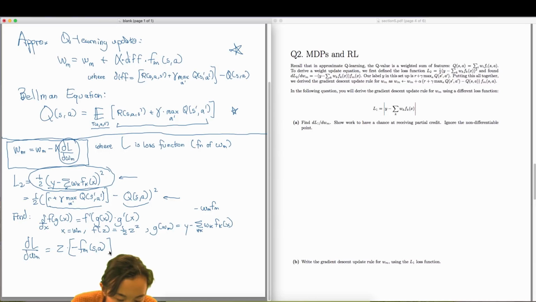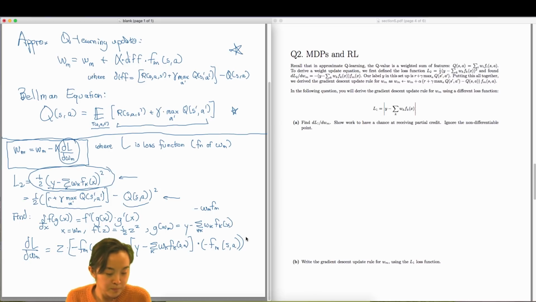Putting this together, we have that this is equal to the definition of z, which is this entire portion inside, y minus the sum of wk fk(x), times negative fm(s,a). Actually, we can just write s,a here instead of x to be consistent with this.